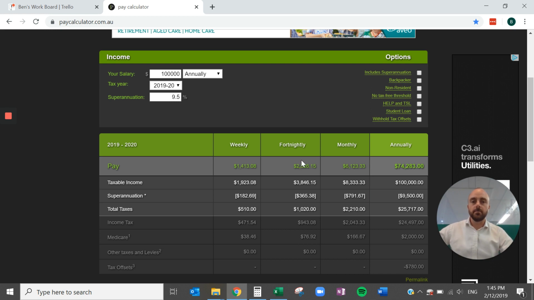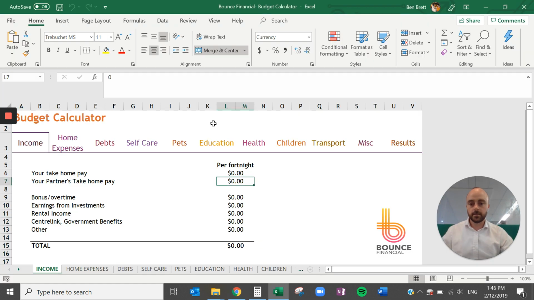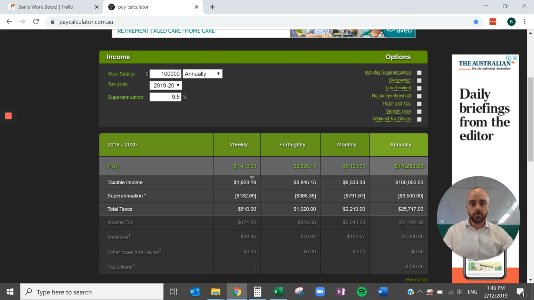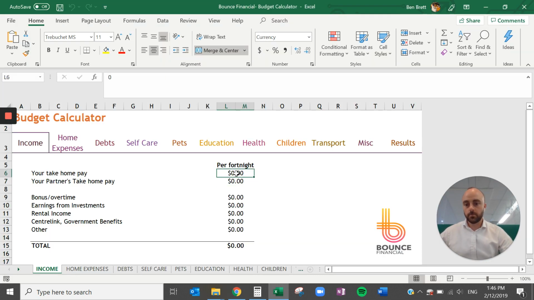The point is not meant to be down to the last cent, and this is close enough for us. So let's say you earn $2,826 a fortnight. Let's go back to our budget calculator. I forgot that number already, 2826. Okay, and then you put in your pay, 2826.